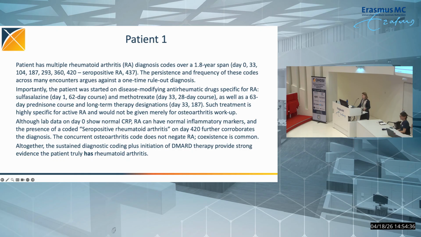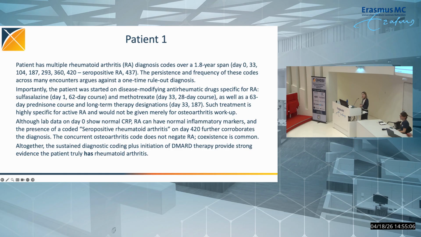It says that this patient has multiple diagnoses of rheumatoid arthritis spanning different days, and the persistence and frequency of these codes across many encounters argues against a one-time rule-out diagnosis. This patient started on multiple treatments for rheumatoid arthritis, sulfasalazine and methotrexate, as well as a long-term prednisone treatment, and these are likely to indicate that they have RA.